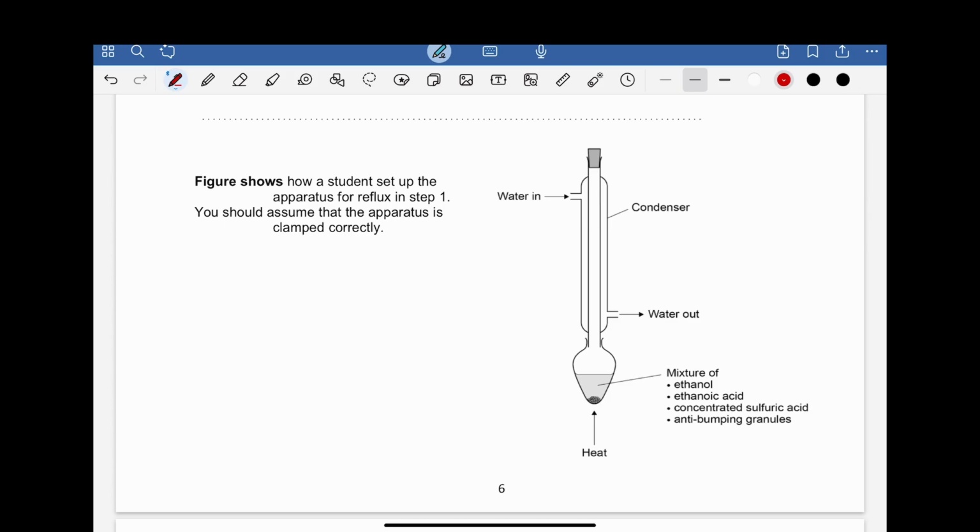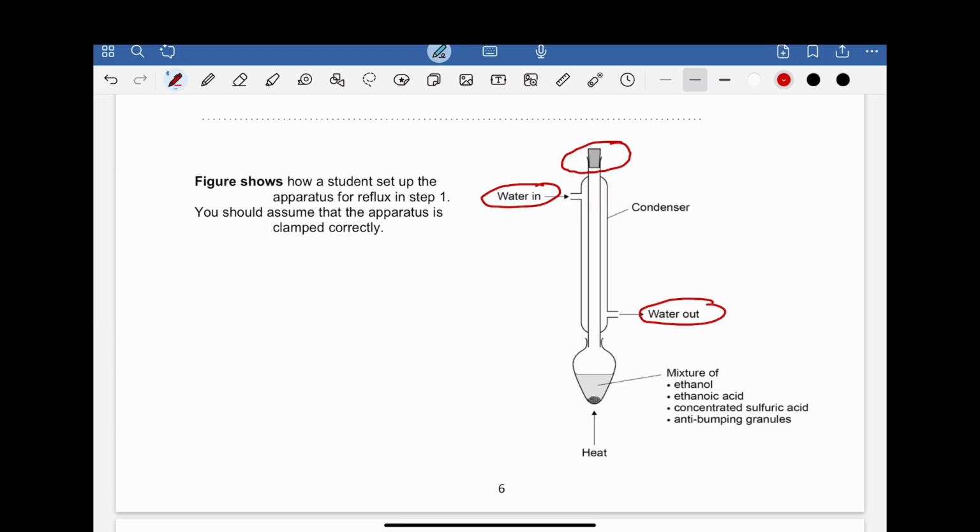We can see one mistake is there is a bung at the top of the condenser. So that should not be there. The problem is pressure will build up and the stopper could be forced out. The second mistake I can see straight away is the water is going the wrong way around.